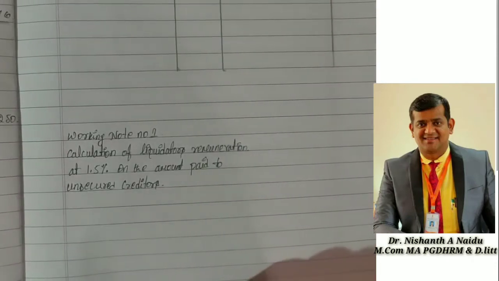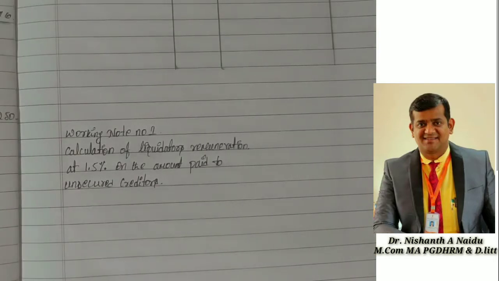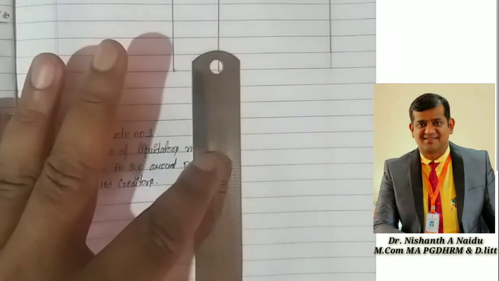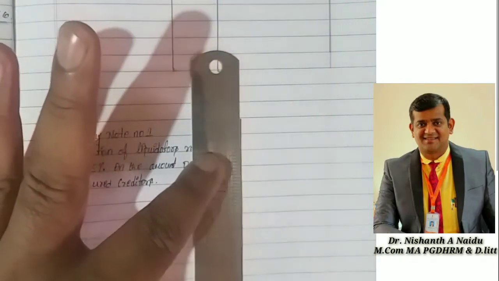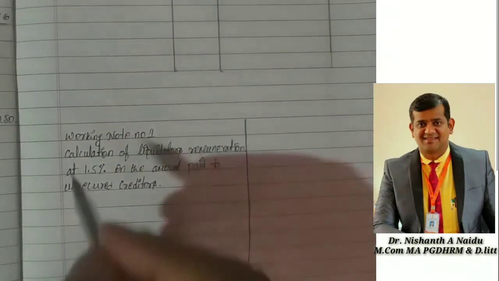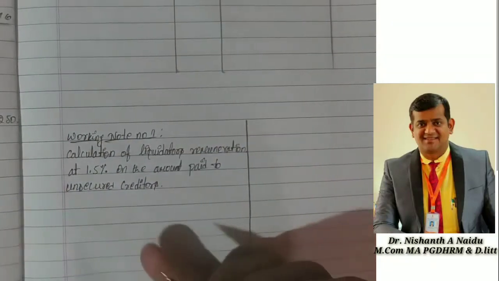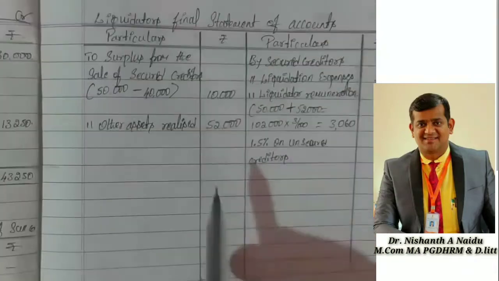So now we have to calculate how much we are paying to the unsecured creditors. So let us calculate now. The same statement whatever we have done on the top, the same calculation we are going to repeat. So how much do we have in the assets realized column?